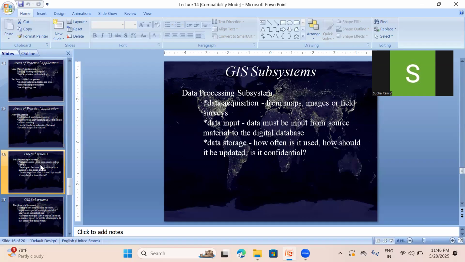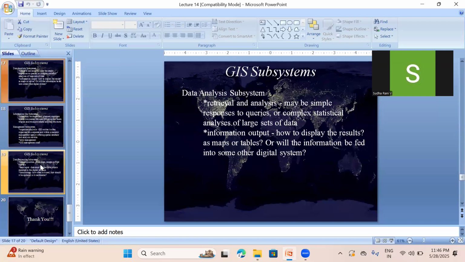Is it confidential? Next, data analysis subsystem. Retrieval and analysis may be simple responses to queries or complex statistical analysis of large sets of data. Information output: will the results be displayed as maps or tables, or will the information be fed into some other digital system?